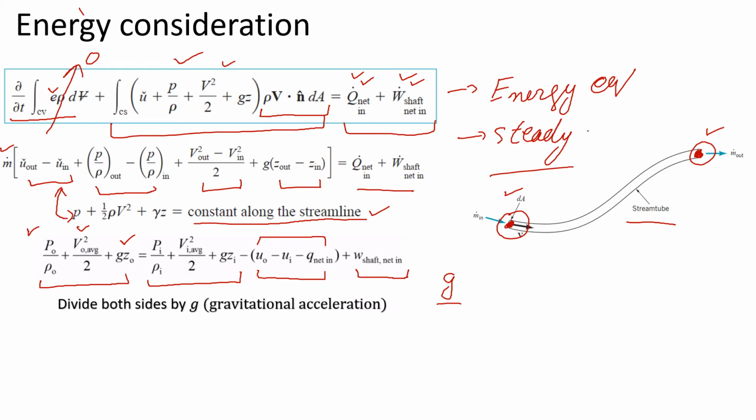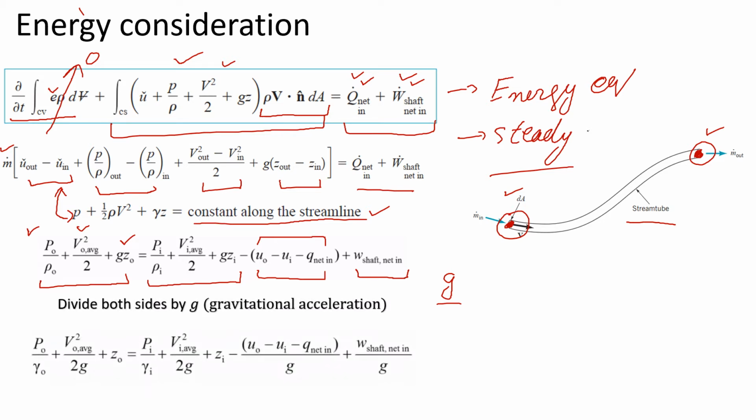So we divide both sides by gravitational acceleration g, and we will get each term in terms of heads. You are already familiar with this equation. This is the pressure head, velocity head, and elevation head at the outlet, and the pressure head, velocity head, and elevation head at the inlet. Similarly, this will come out to be the head loss, and this is the loss due to the shaft. It can be positive or it can be negative depending on whether it is a pump or a turbine.